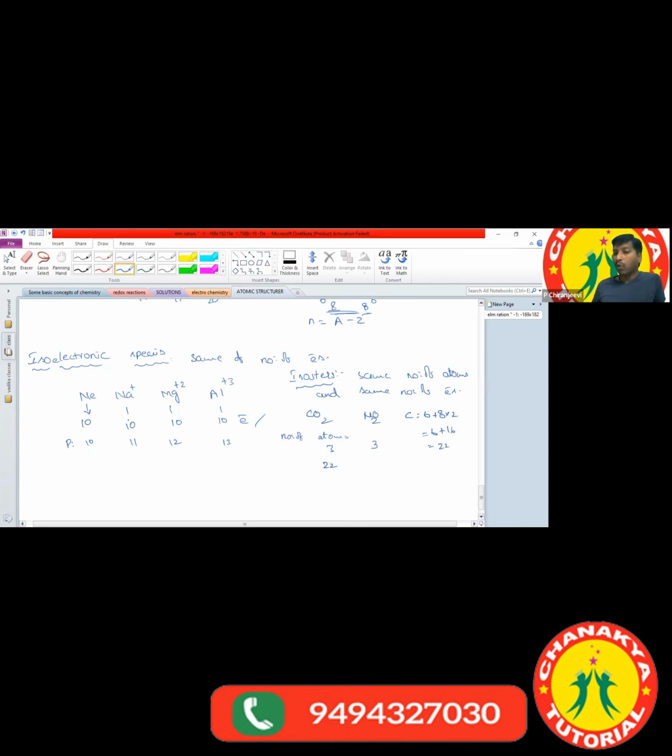And in N2O, the number of electrons in each nitrogen atom is 7. 7 twos, 14, plus number of electrons in oxygen, 8. 14 plus 8 is 22. So N2O also contains 22 electrons, and carbon dioxide also contains 22 electrons. Got it, all of you?